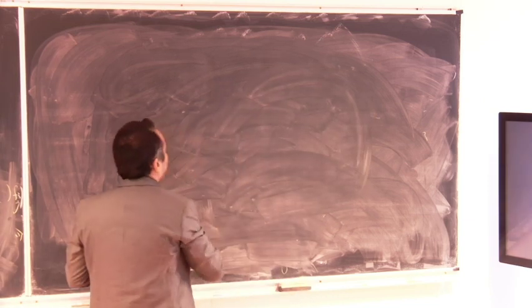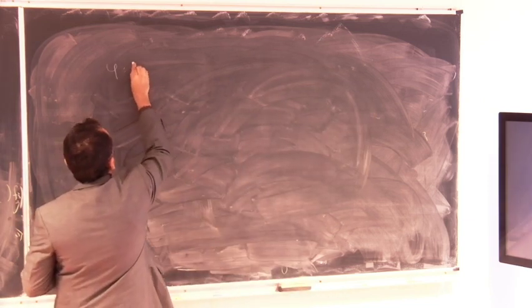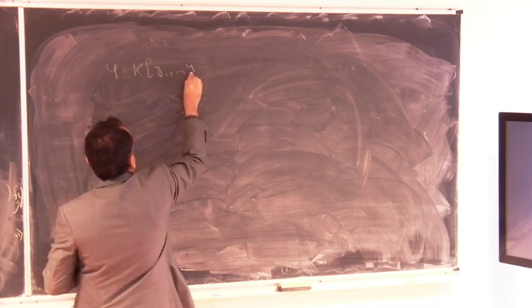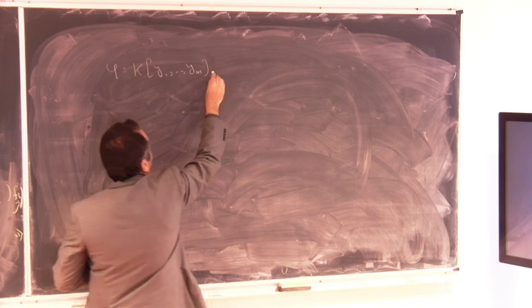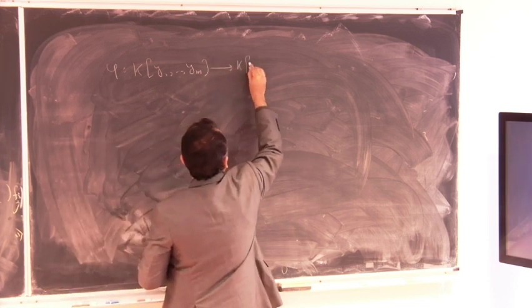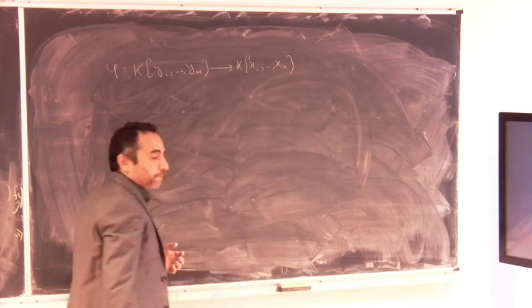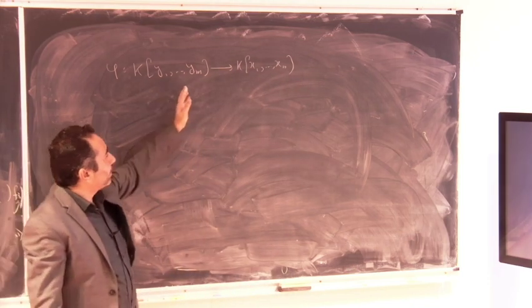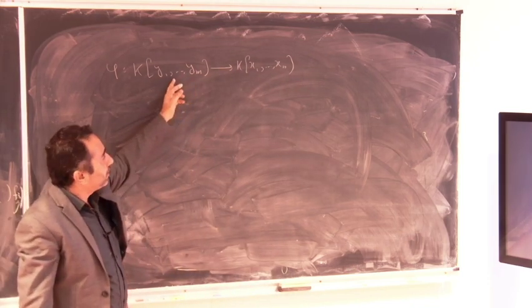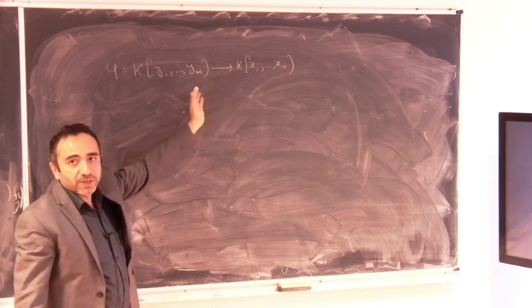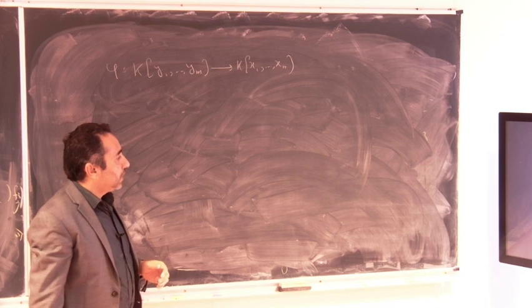So we have a map phi from k of y1 up to ym to k of x1 up to xn. In the previous example we were taking n y variables and m x variables; it doesn't matter, it's just a matter of notation.